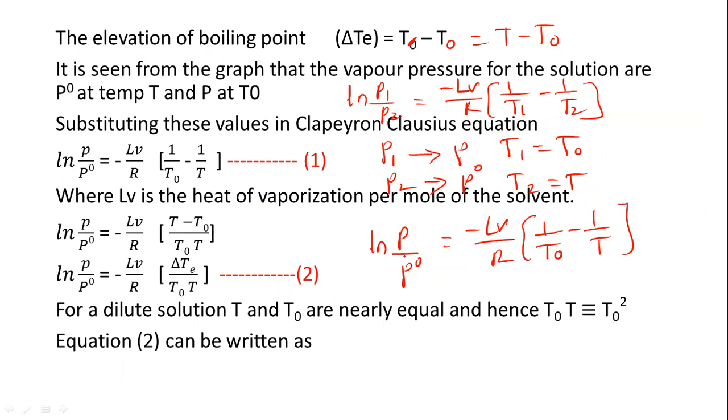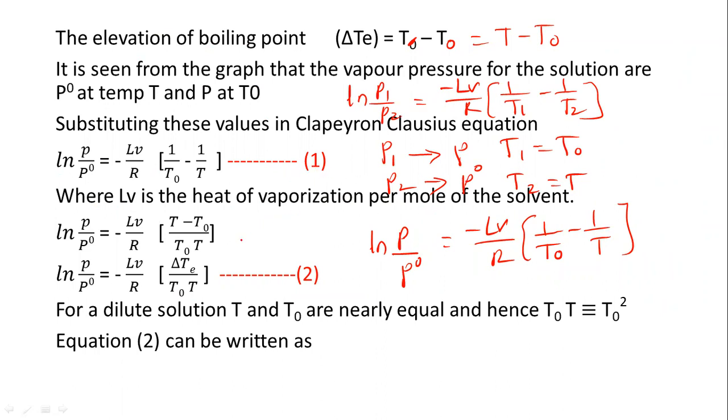In this way we apply the integrated form of the Clapeyron-Clausius equation to the solution curve. In this equation, LV is the heat of vaporization per mole of the solvent. This is equation 1.